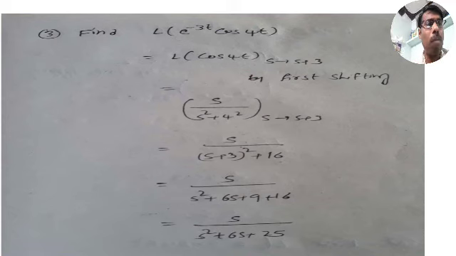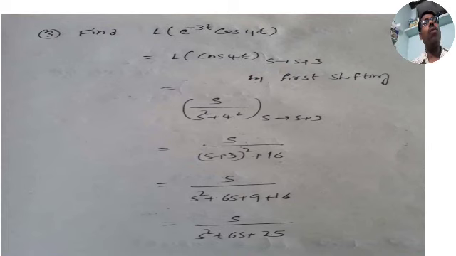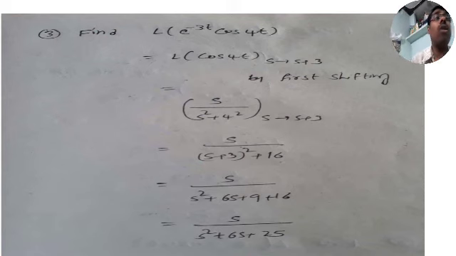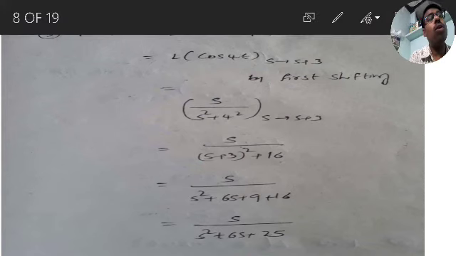In the previous two problems we made it clear that in a product, if the first function is exponential or if the second function is exponential, then no need to worry, you can apply the first shifting theorem. That's what I want to make clear through this problem, so that you get a clear idea.